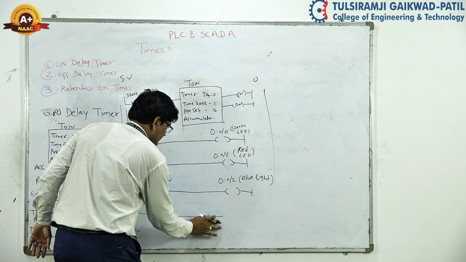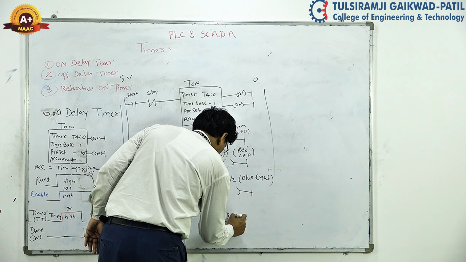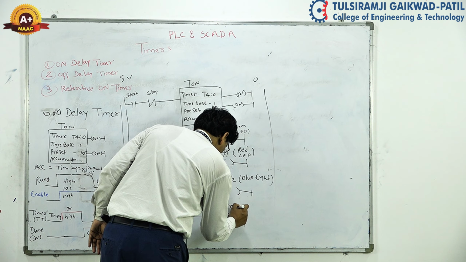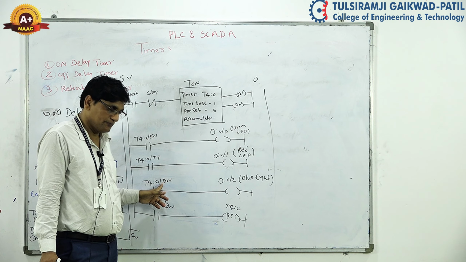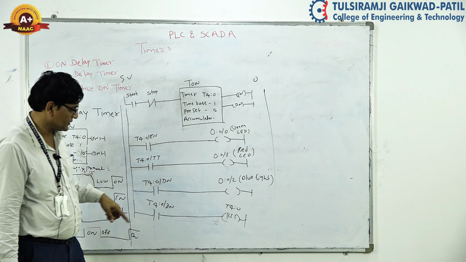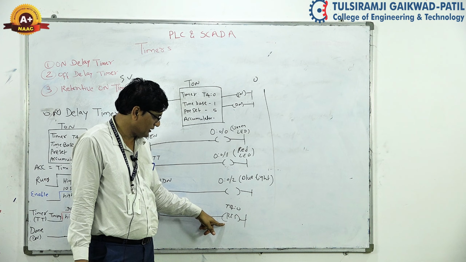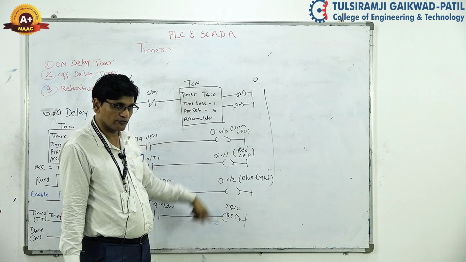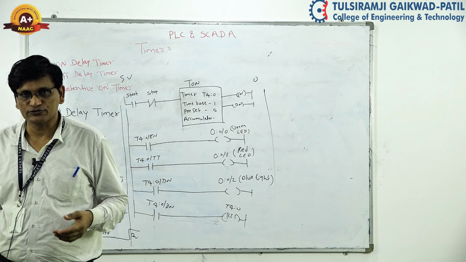Here you can directly reset this timer T4:0, means when this bit is on, at the same time this reset instruction will be activated and at the same time the process will repeat again. So in this way you will get the repetition of the process.